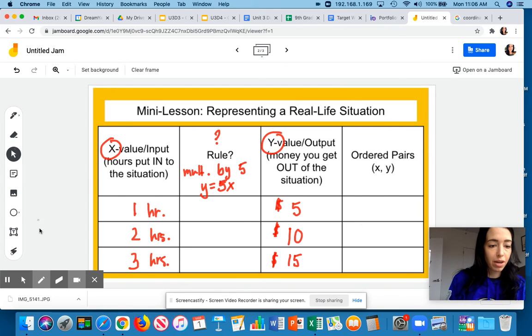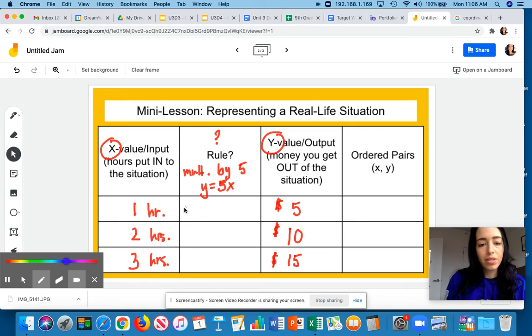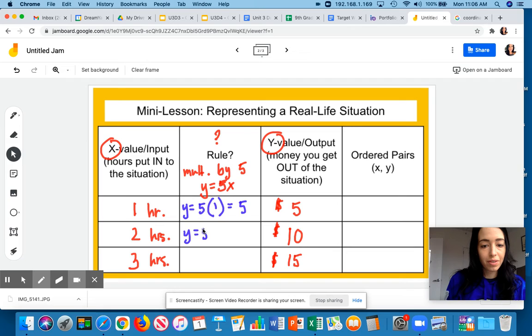So I'm going to change my color here. We'll do blue. How this is going to look basically is y equals 5 times 1 hour, which we said was 5. Or, again, y equals 5 times 2 hours now.